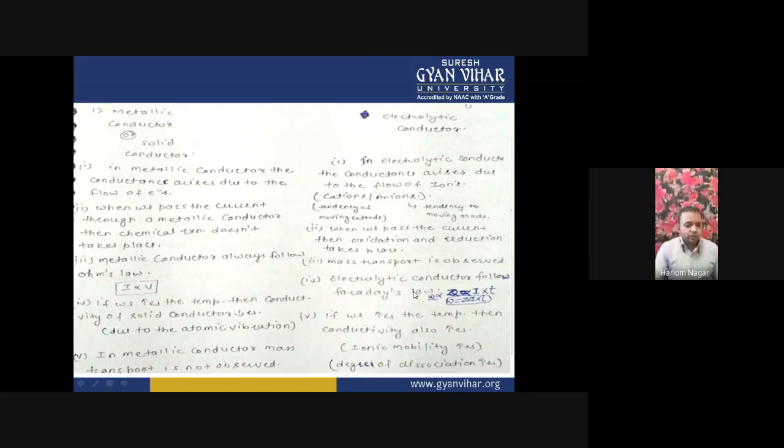According to Faraday's law, W is directly proportional to Z multiplied by I multiplied by T. I mean, how much mass will be transferred depends upon the charge of the ions multiplied by the current multiplied by the time for which the current is passed through the electrolytic solution. So this is Faraday's law.